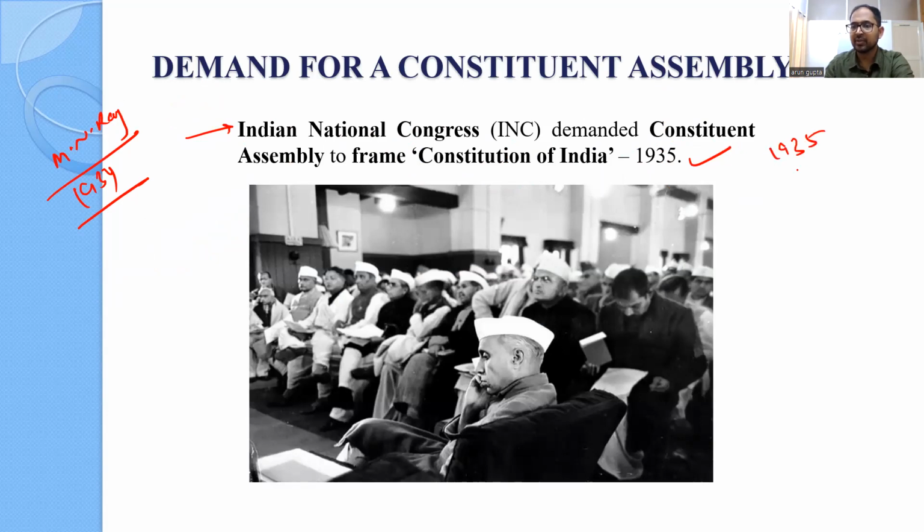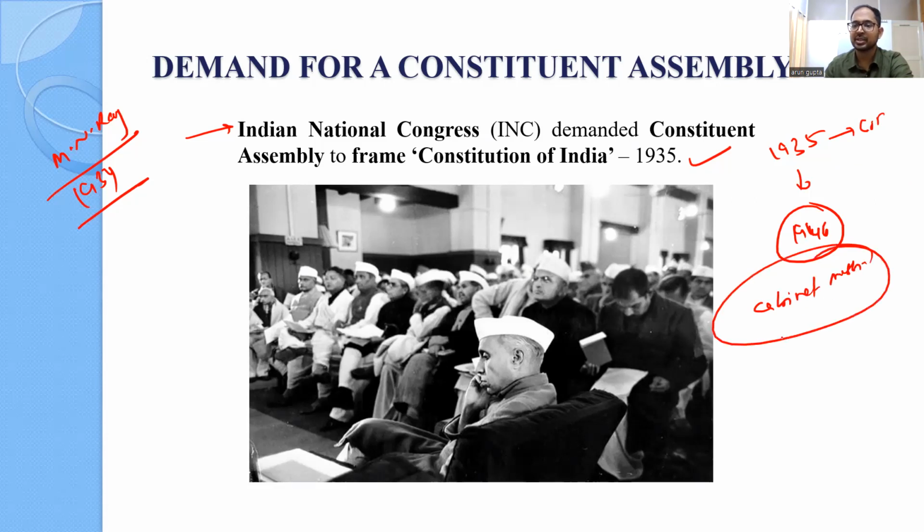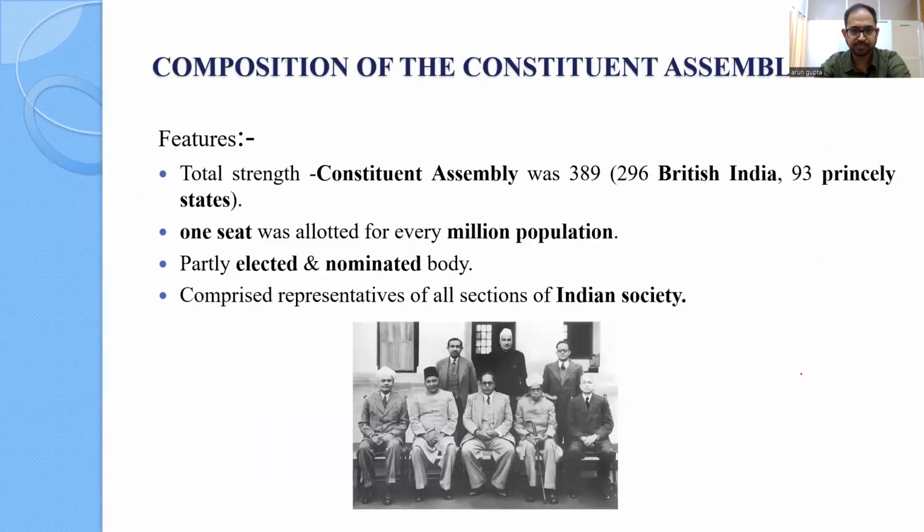After 1935 till 1946, a lot of things happened, including the Government of India Act 1935, then the Cripps Mission, then the Cabinet Mission and all. We will be doing those in the history classes. Based on the Cabinet Mission's recommendation, the Constituent Assembly for India was created in 1946.